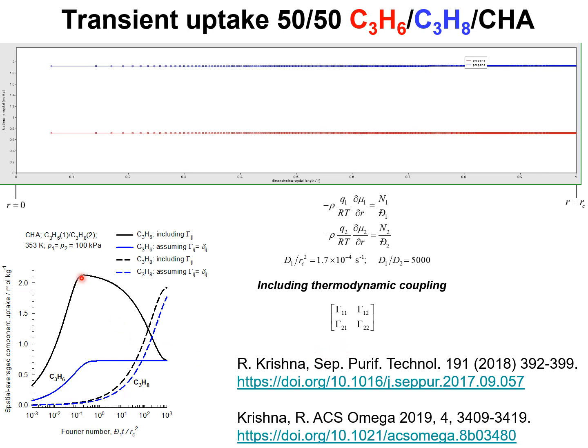Taking proper account of thermodynamic coupling effects leads to significant transient overshoots in propene and the attainment of supra-equilibrium loadings that are about a factor 3 to 4 times larger than the value at equilibrium.